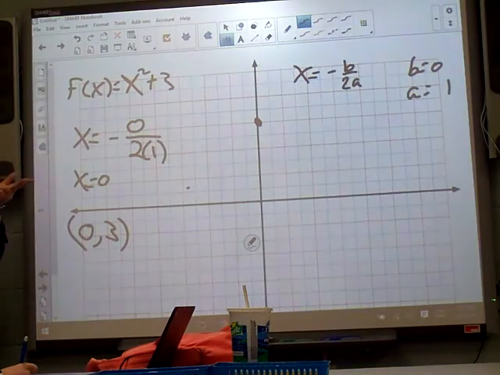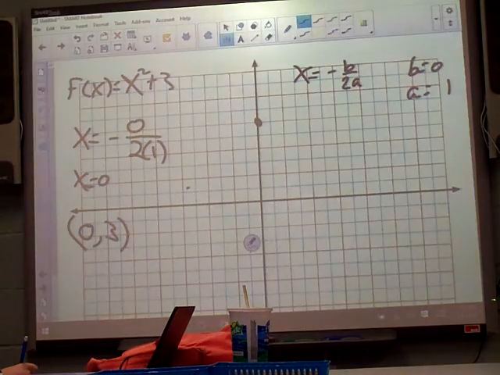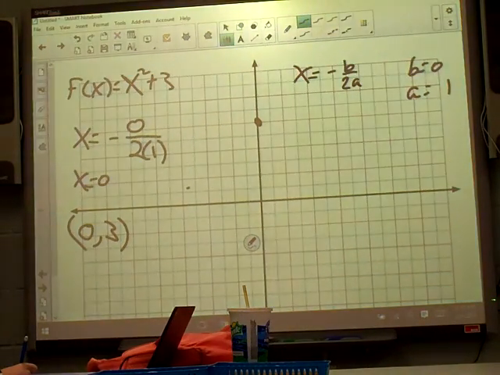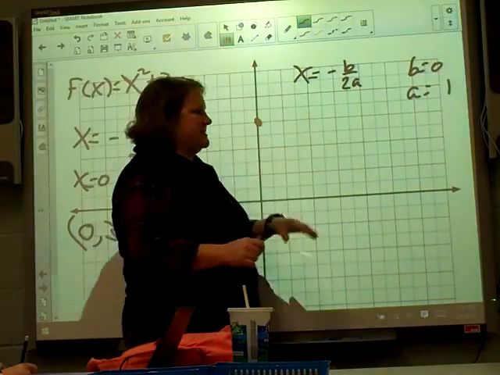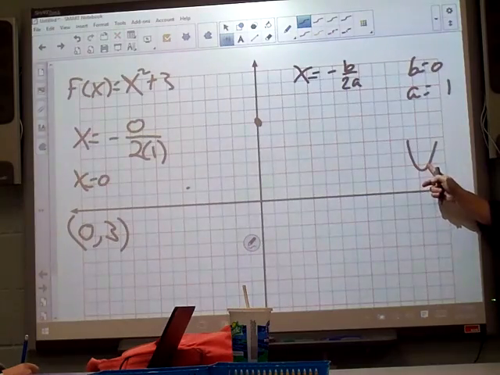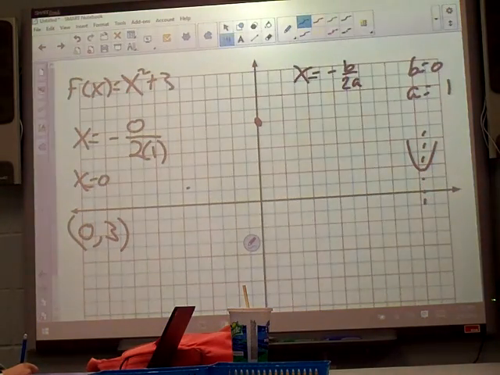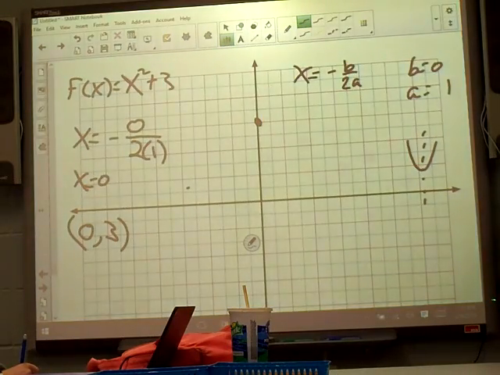Another one I said was axis of symmetry. Would you believe we already know the axis of symmetry? Remember, just a side note, parabolas are U-shaped. The vertex is at the very center, which means your axis of symmetry has to go through the vertex, right? If I'm going to be able to fold that.